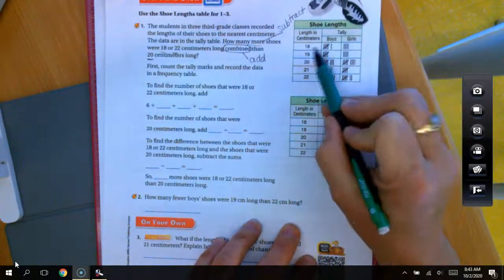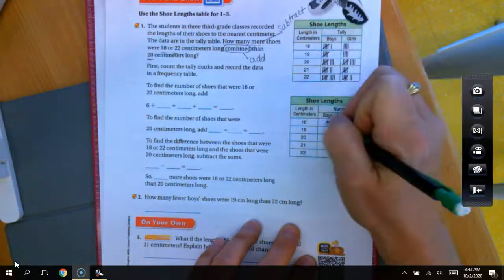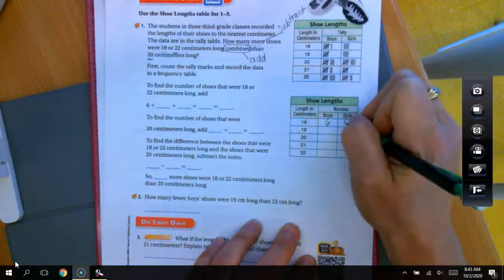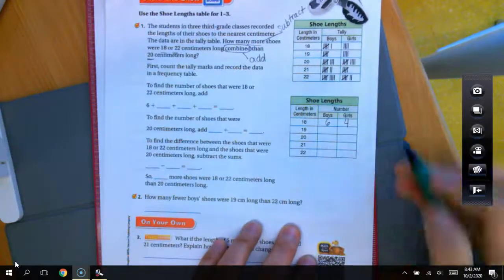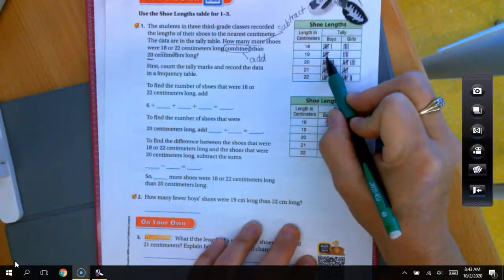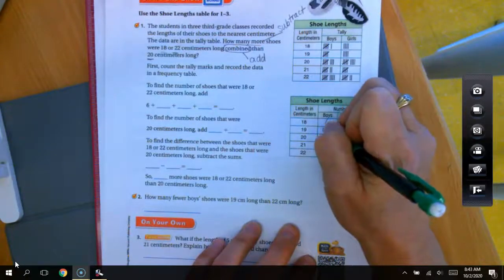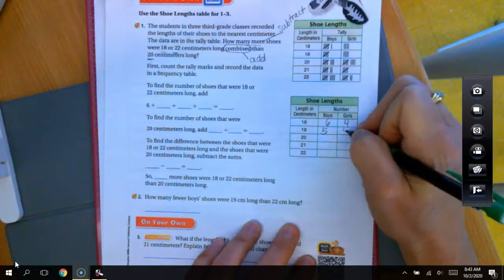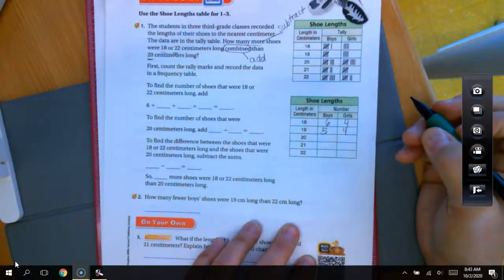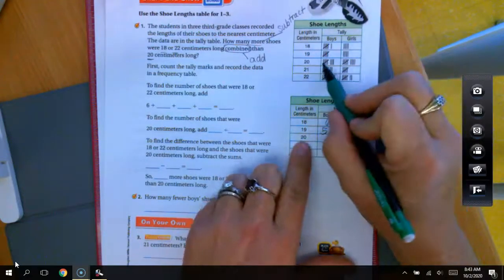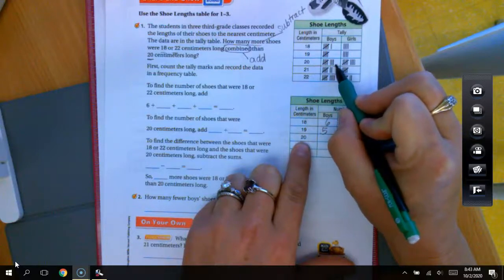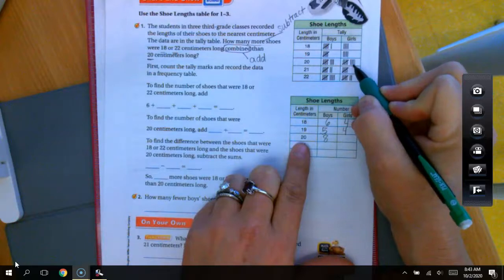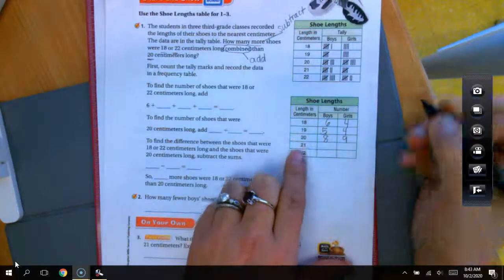So we're going to go up to 18. I have 5, 6 boys, and I have 1, 2, 3, 4 girls. I have 5 next to 19 for boys, and 1, 2, 3, 4 for girls. Then I look at 20. I have 5, 6, 7, 8, and 5, 6, 7, 8, 9 for girls.